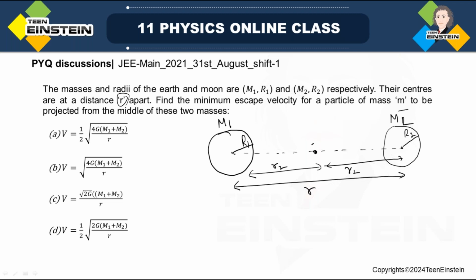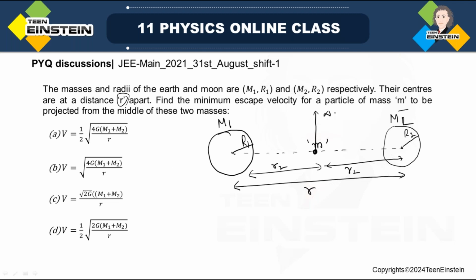See here, there is this small mass m. I have to provide escape velocity to this object so that it goes to infinity. This problem can be solved simply by the principle of conservation of total energy. Total mechanical energy is kinetic energy plus potential energy.